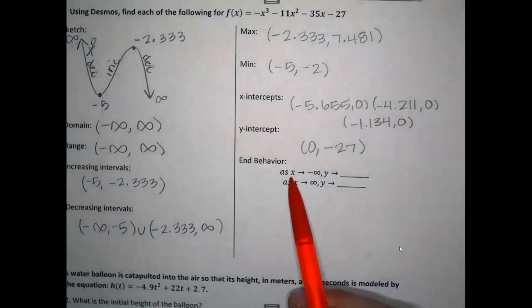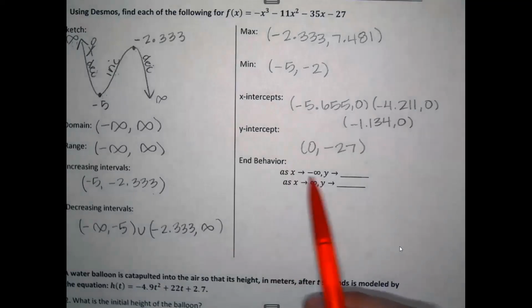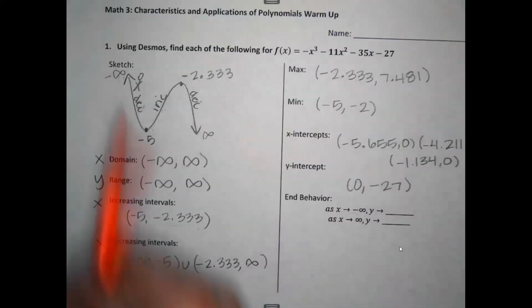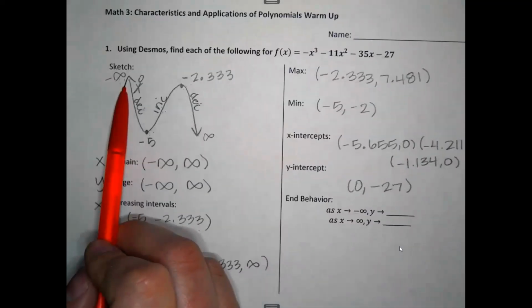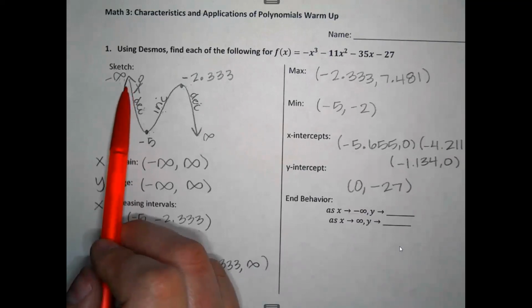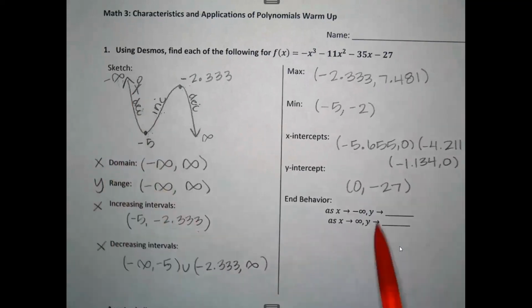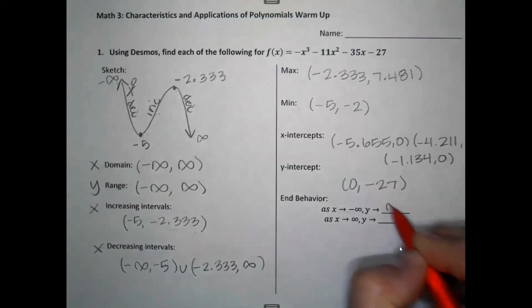For the end behavior, here it says as x goes to -infinity, so they're asking about the left arrow. What do we know about the left arrow? Does it go up or down? Up. So the y value, that's talking about up or down. So if the y value is going up, then what should we say for the infinity? Positive, because the y value is going up. Okay.